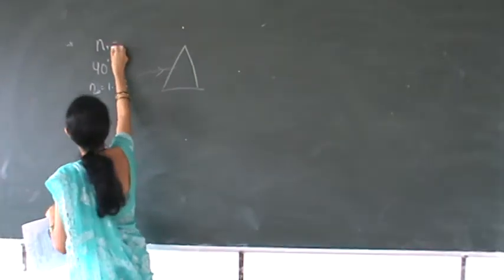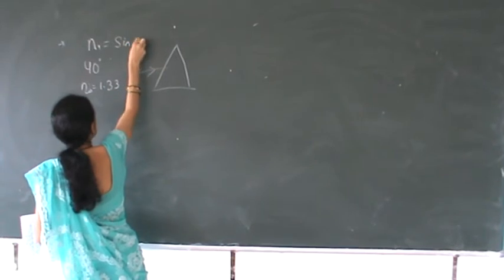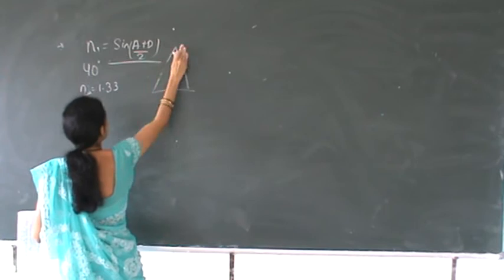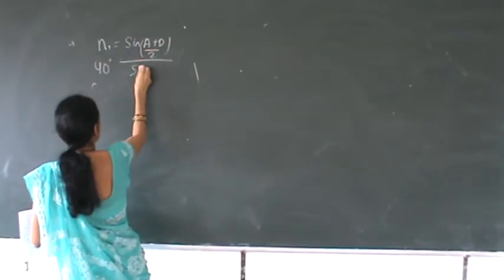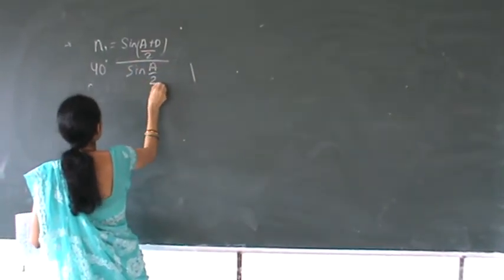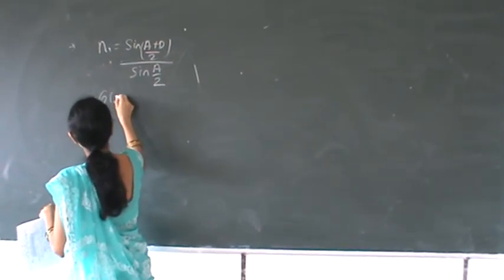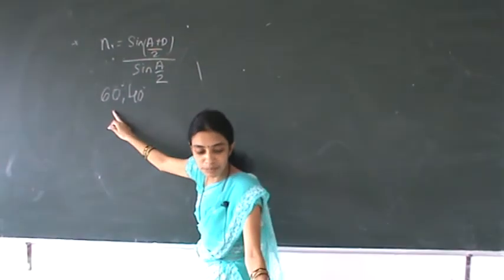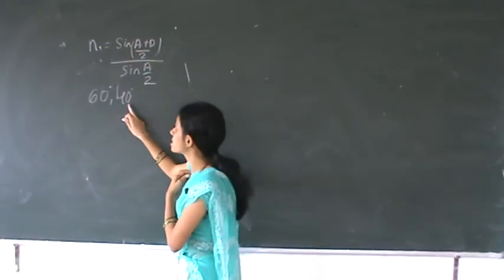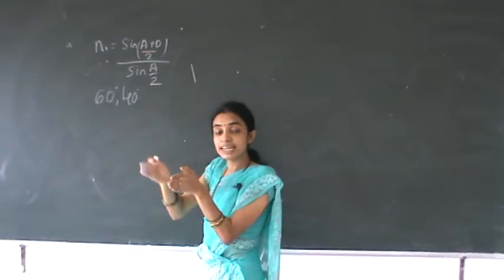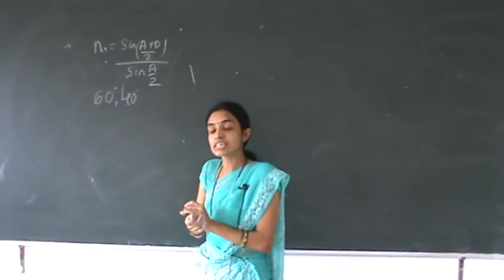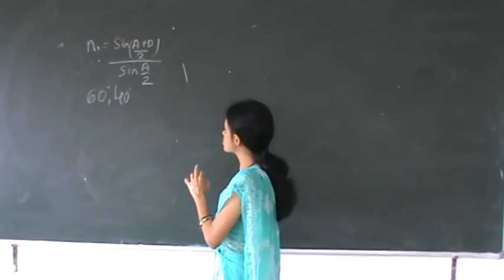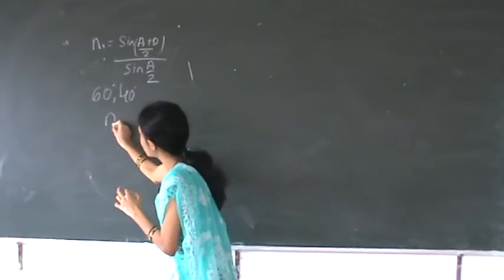For that, use the formula n is equal to sine of (A plus D)/2 divided by sine of A/2. Here, 60 is the angle of the prism, and 40 degree is the deviation of the prism when it has been placed in the air medium. So what I solved just now, I will get the value.